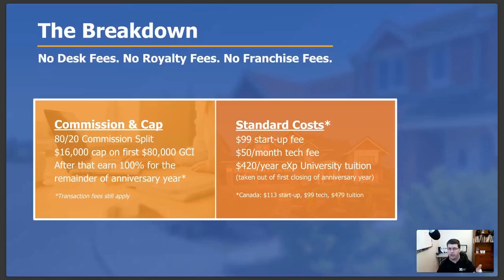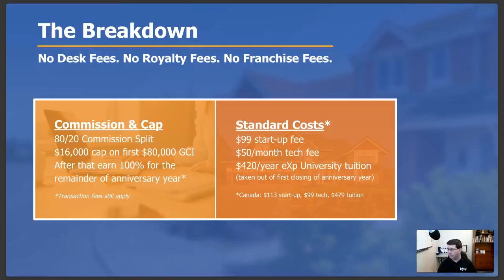And my question is, are you just now at the 100%? Did you meet your cap? Your company has a cap, and you met that cap, and you're now at 100%. So that's one thing to consider. And if that's the case, then compare your company splits to eXp.